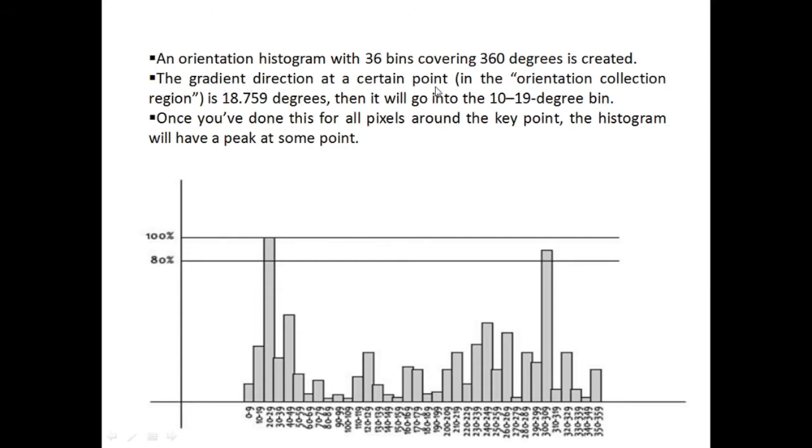So if the gradient direction at a certain point in the orientation collection region is found to be 18.759 degrees, then what is the nearest degree assignment I can give to it? That is the 10 to 19 degree bin.